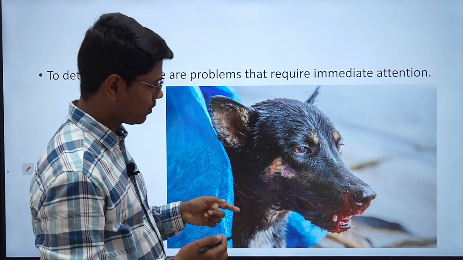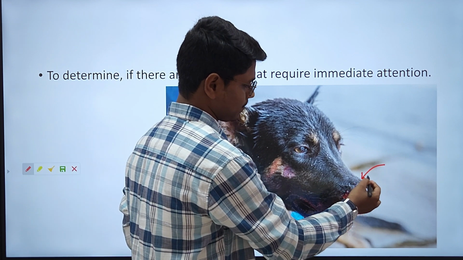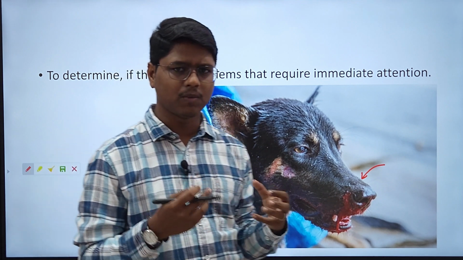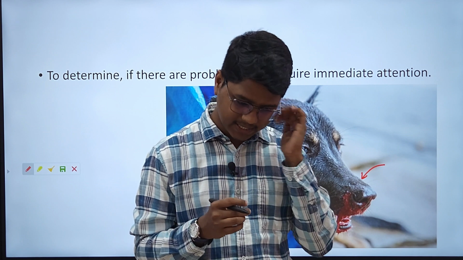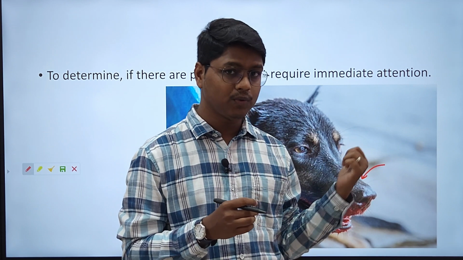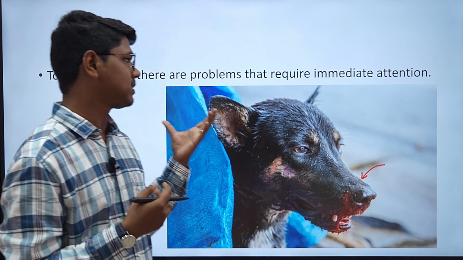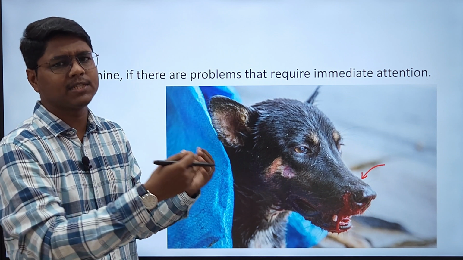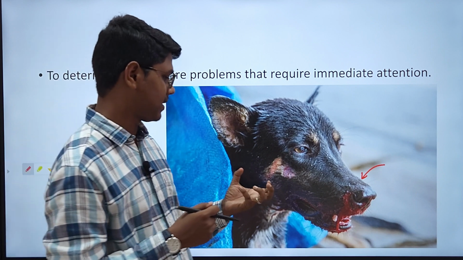Suppose an orthopedic patient came but there is severe nasal bleeding, or some wound where there is severe bleeding and a major artery is bleeding. You need to take care of that before going to the orthopedic assessment. That is basically known as patient triage. It simply means prioritizing the things which you need to take care of before orthopedic assessment.